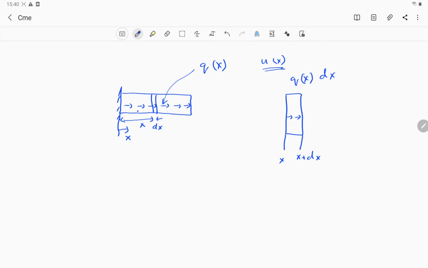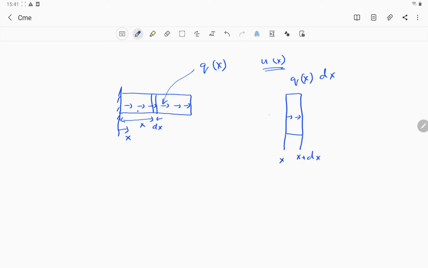Fine. I have sectioned this piece out of the rest of the material, so I have to draw a free body diagram, because this part will provide a force on this element, and also this part will provide a force on this element. And that is the normal force.